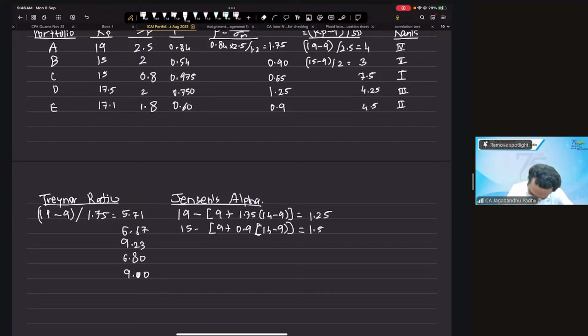Okay. Jensen's alpha for the third one. 2.75. Okay.